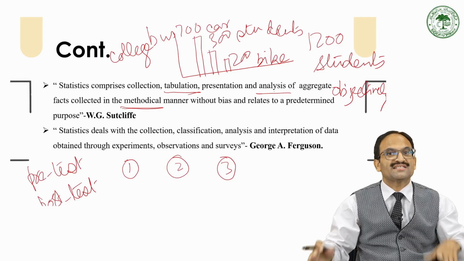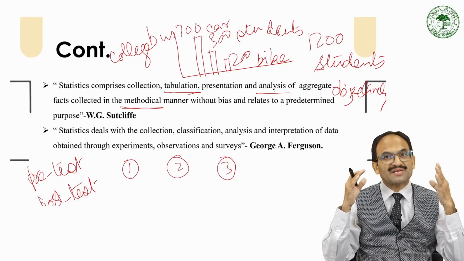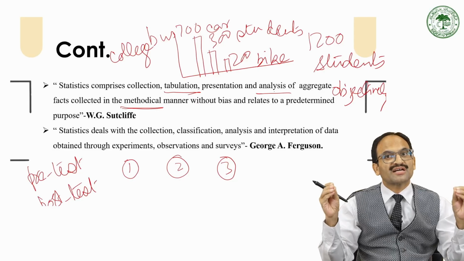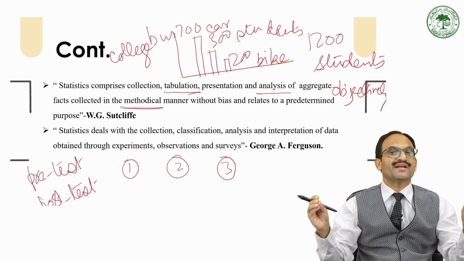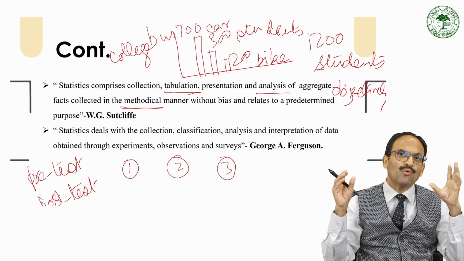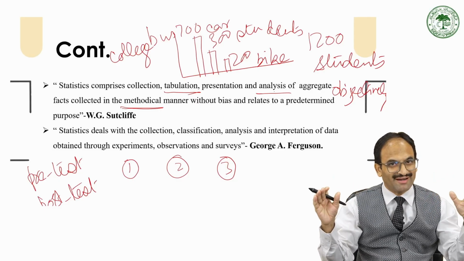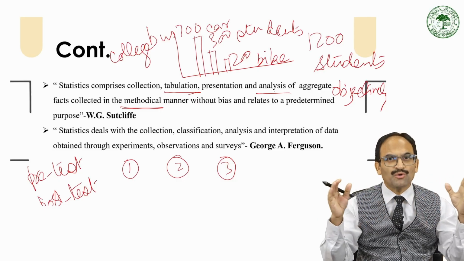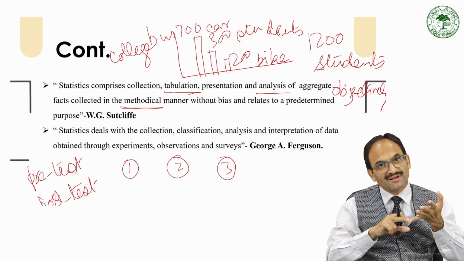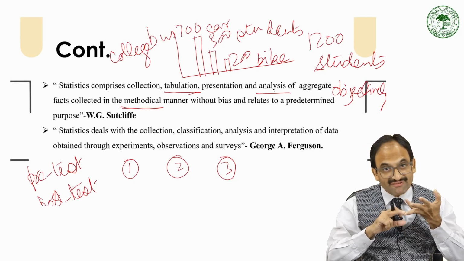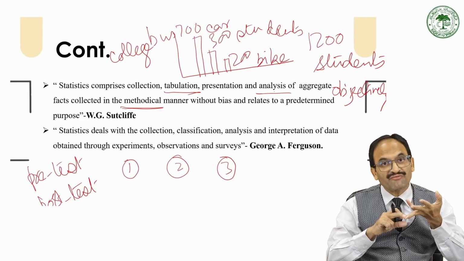So, as a researcher, I am studying the academic achievement of class 10th students. What are the factors which affect the academic achievement? There might be so many. Study habit is one factor. Quality of teaching might be the second factor.